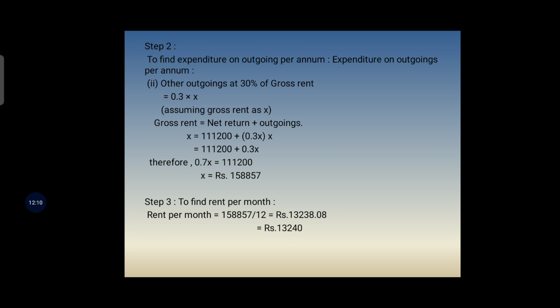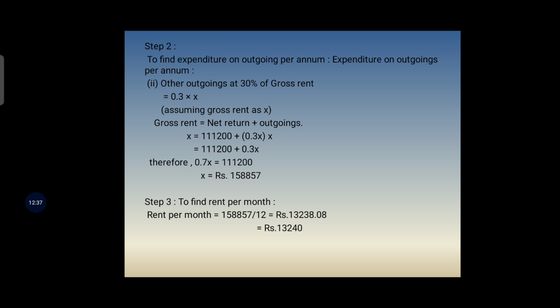So the net return per annum is 1,11,200. In step 2, we find the expenditure on outgoings per annum. The outgoings are given as 30% of the gross rent, so 0.3 into gross rent. Gross rent is not given, so we assume gross rent as x. What is the formula for gross rent?